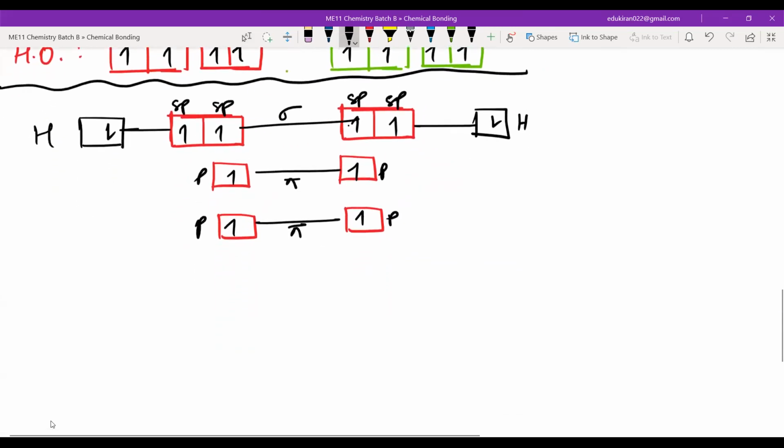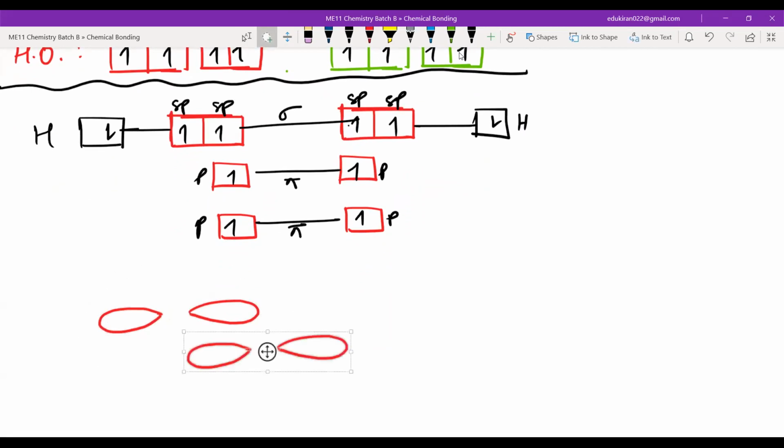Since it is sp hybridized, this is sp hybridized, right? So the carbon will be a linear carbon. Now this carbon is linear carbon. So let me just copy this, get it green.